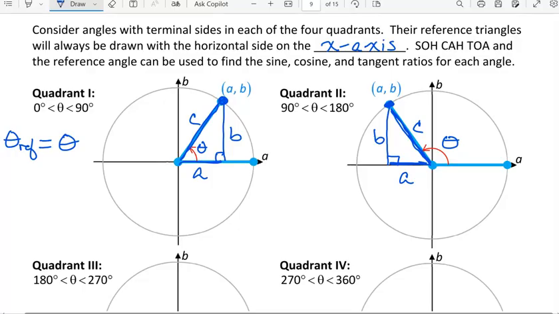In this case, our reference angle, which is right here, is found by subtracting from 180. So the reference angle is equal to 180 minus the value of theta, because these are going to be supplementary angles.